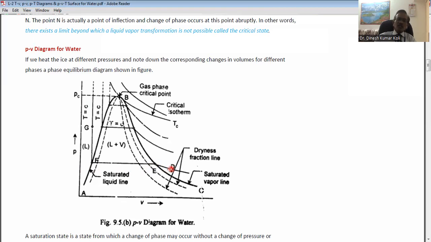So we cool this steam, the pressure will increase, it will become the dry steam, then this is the constant temperature, constant pressure line, the phase change will occur, and this again is the constant temperature line of the isotherm. So this curve indicates the change of the phase of the water or steam at different pressures. So this is on the pressure and volume diagram.